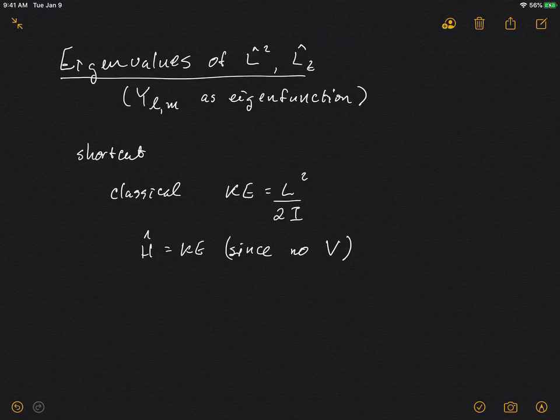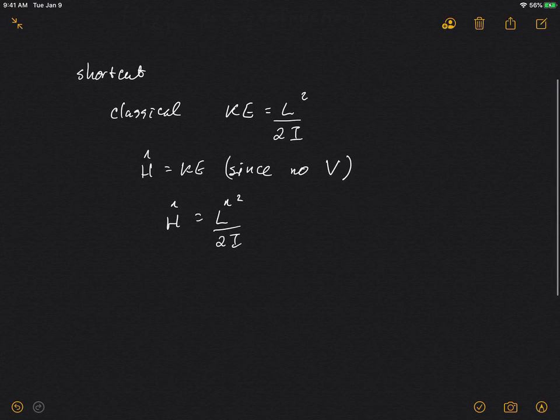So we can replace the kinetic energy in that expression above with the Hamiltonian, and we can replace the classical L squared with the operator, and that's going to give us the Hamiltonian is equal to L squared over 2I, or in other words, rearranging, L squared is equal to 2I times the Hamiltonian.